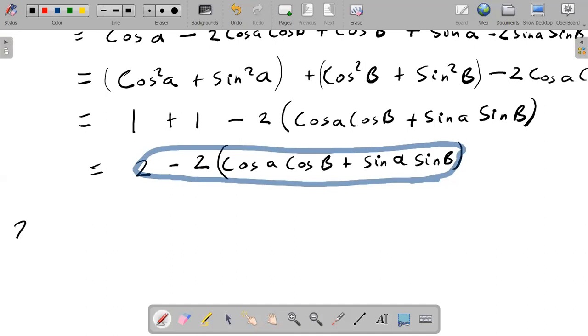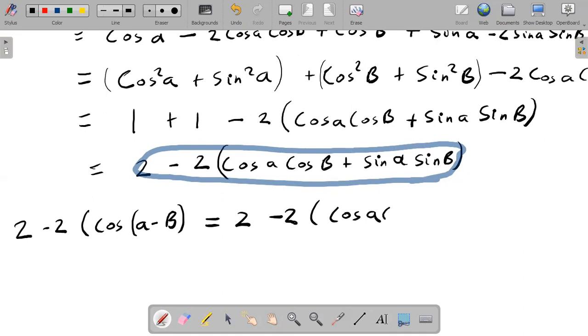So we will say 2 minus 2 bracket cos alpha minus beta is therefore equal to 2 minus 2 bracket cos alpha cos beta plus sine alpha sine beta, right?